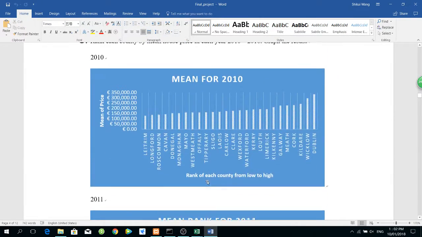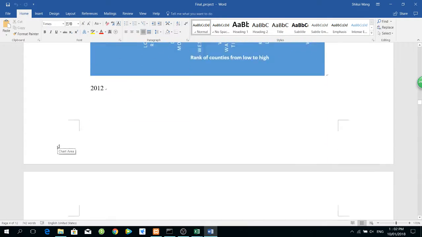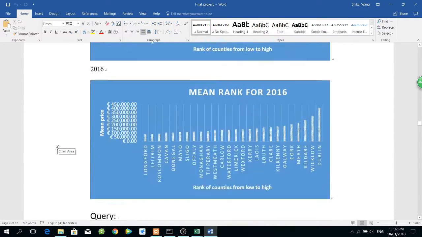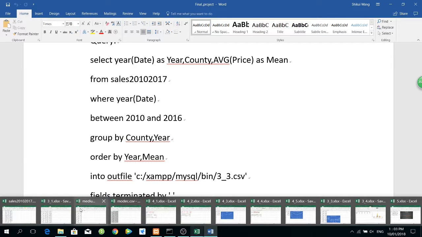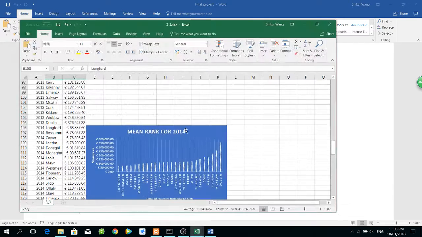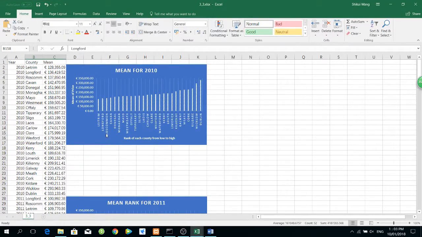And come to the question choice. So the question query is this. It's a very simple one, and this is an Excel file for it.